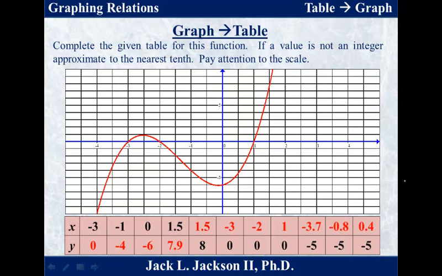Okay, so let's see what's happening. We want to see when x is -3, we're going to look at this vertical line right here when x is -3 and see where that crosses the graph, and that's at the point -3, 0, so y is 0 there. -1, that's right here. It looks like that is at -4. Notice that you've got to look at the scale here carefully. The x scale goes up by halves, and the lines on the y scale go up by ones.